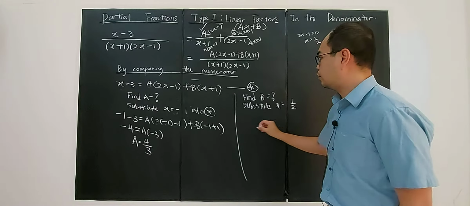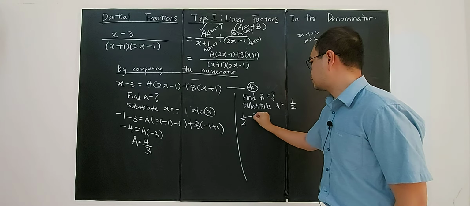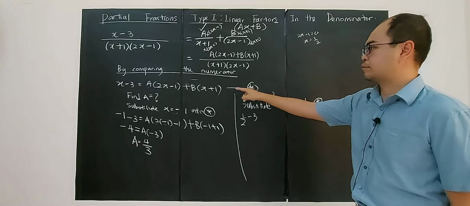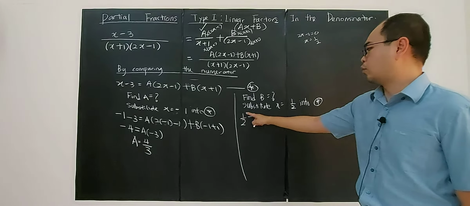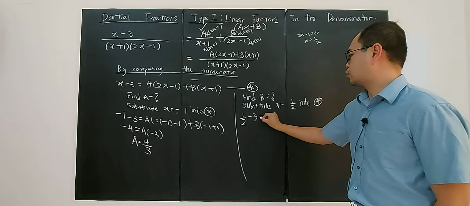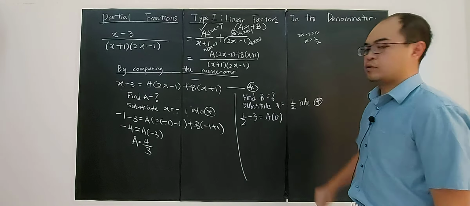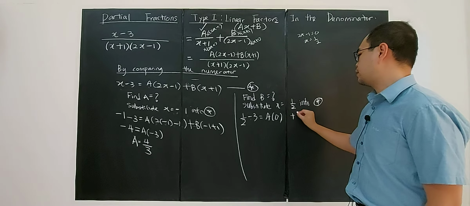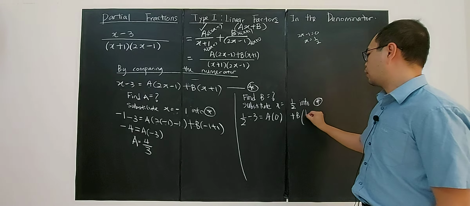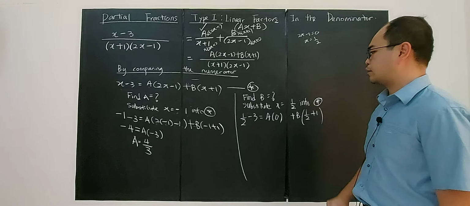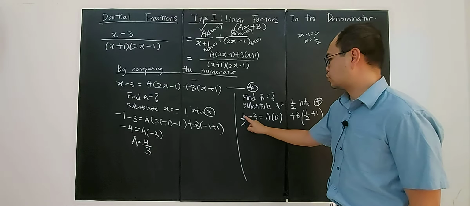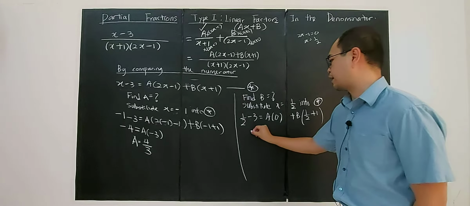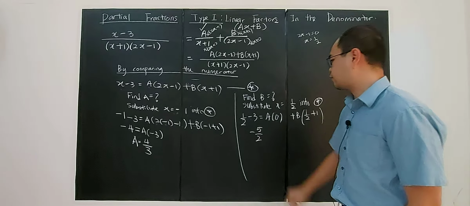Alright, so now you have 1 over 2 minus 3, substituted into this equation here. So 1 over 2 minus 3 equals a times, this one you know it will be 0, because 1 over 2, it will be 0. And followed by b, b times 1 over 2 plus 1. So here you have 1 over 2 minus 3, you will have negative 5 over 2.